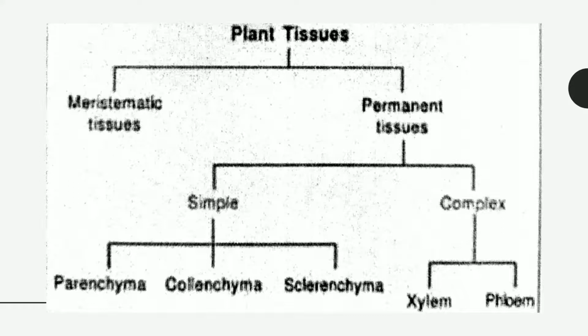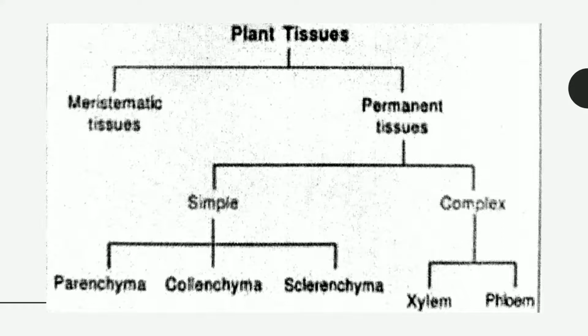They have some characteristics: the meristematic cells are small in size and thin walled. When we observe these meristematic cells under the microscope, they have a prominently large nucleus along with rich cytoplasm. These cells don't have intercellular space between them, and these meristematic cells are responsible for the growth of the plants.